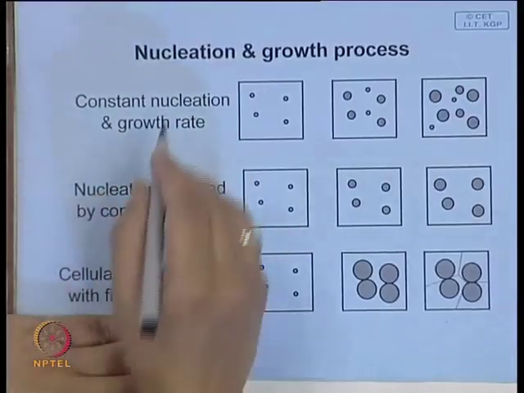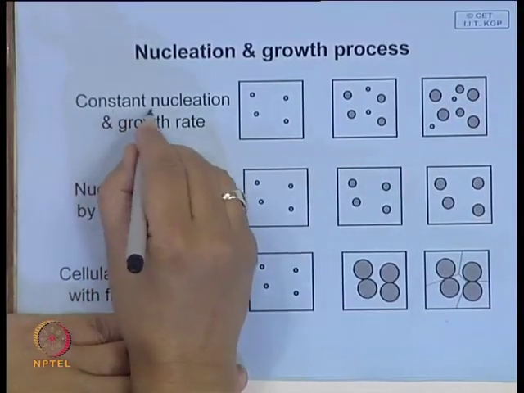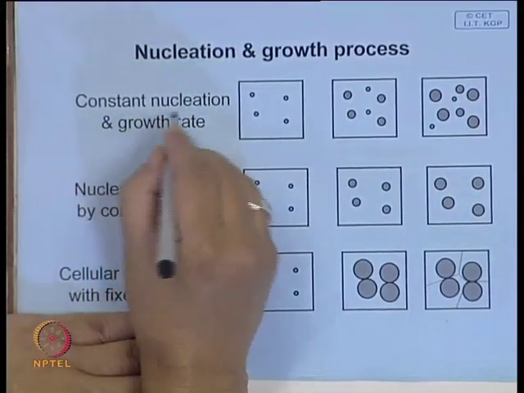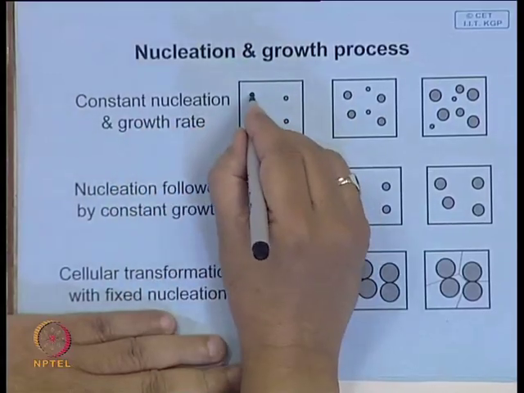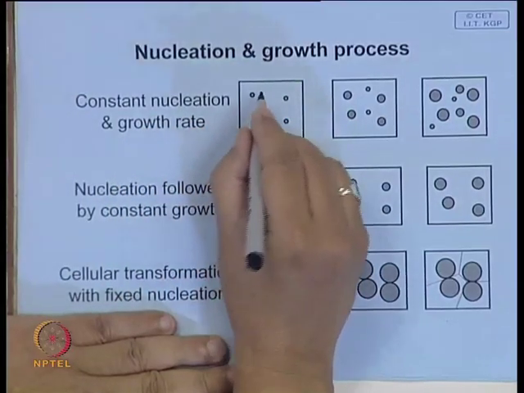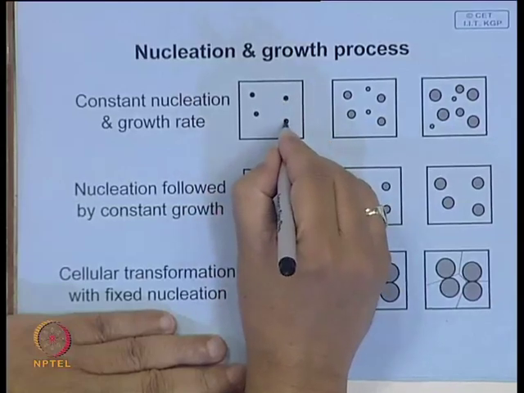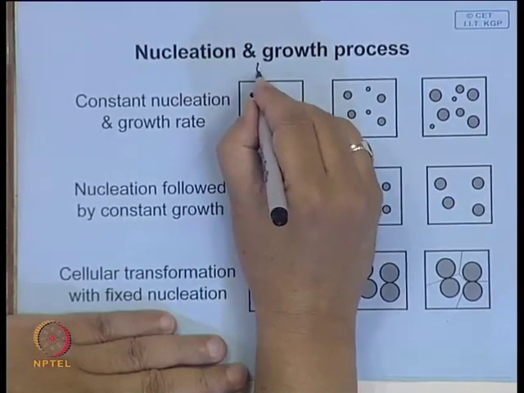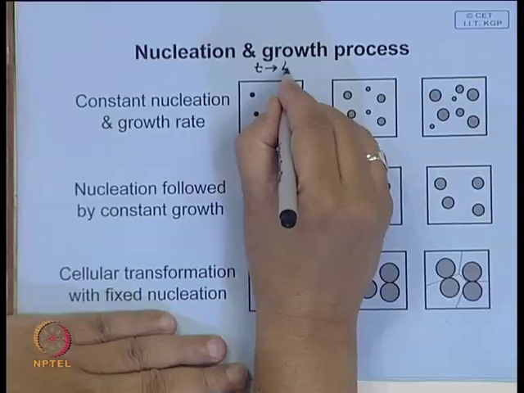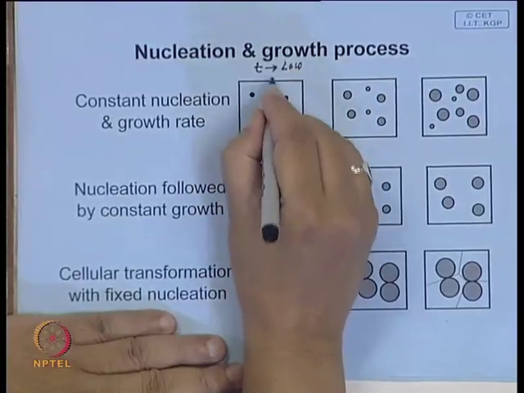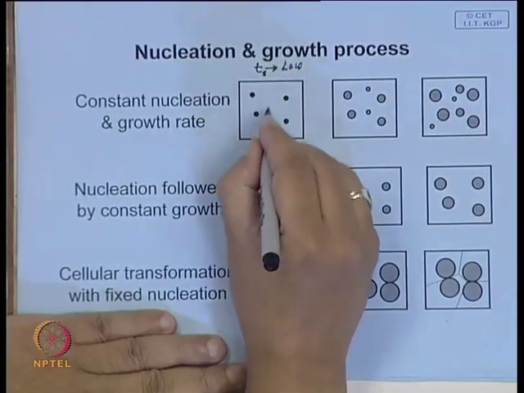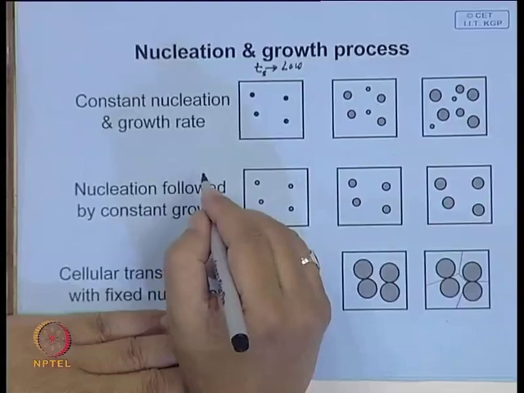Say we can make one assumption that there is constant nucleation and growth rate, which is shown diagrammatically here, that at every time a certain amount of nuclei are forming. So at very low time, close to T s, you have a very small amount of nuclei formed.